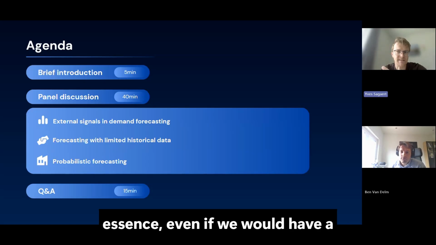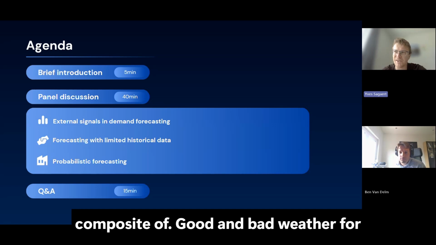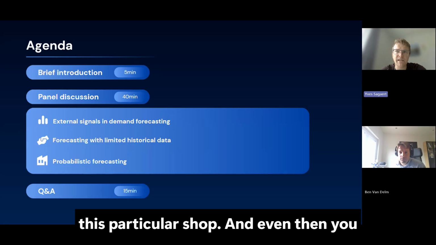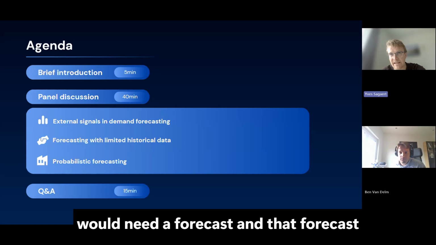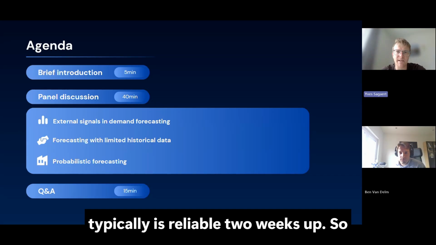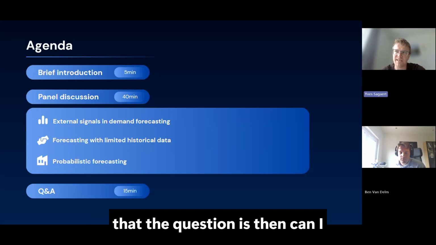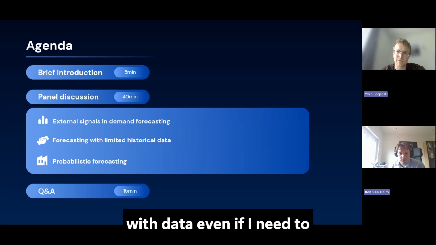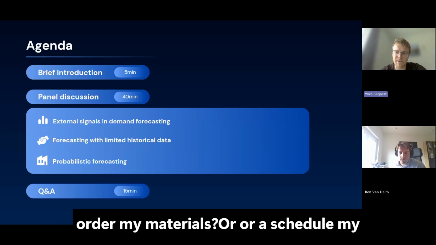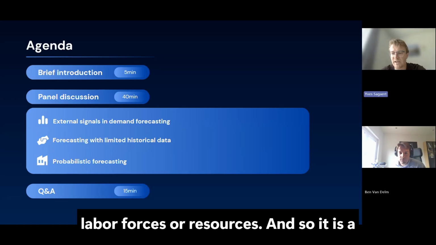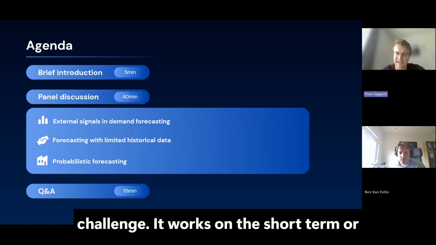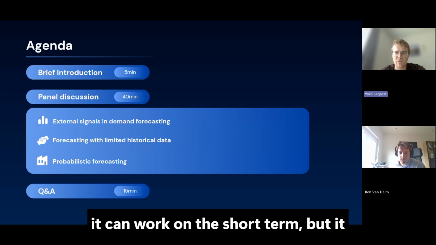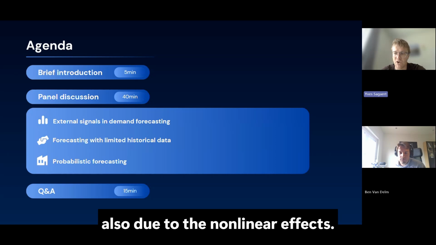But in essence, even if we had a composite of good and bad weather for this particular shop, you would still need a forecast, and that forecast typically is reliable 2 weeks up. So the question is then, can I do something with 2 weeks in advance with data, even if I need to order my materials or schedule my labor forces or resources? So it is a challenge. It works, or it can work, on the short term, but it needs quite some tweaking, especially due to the non-linear effect.